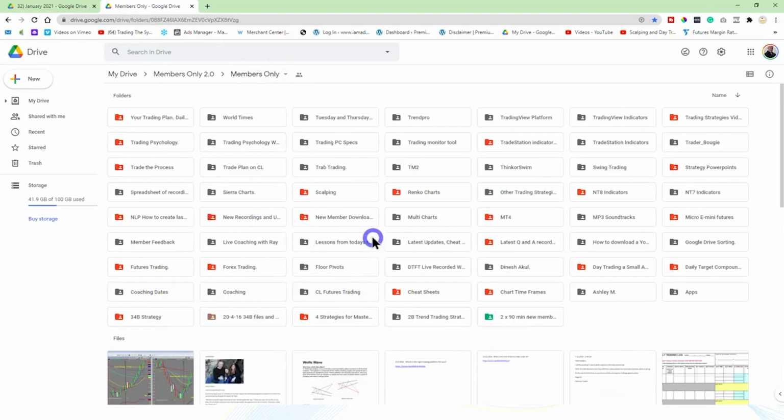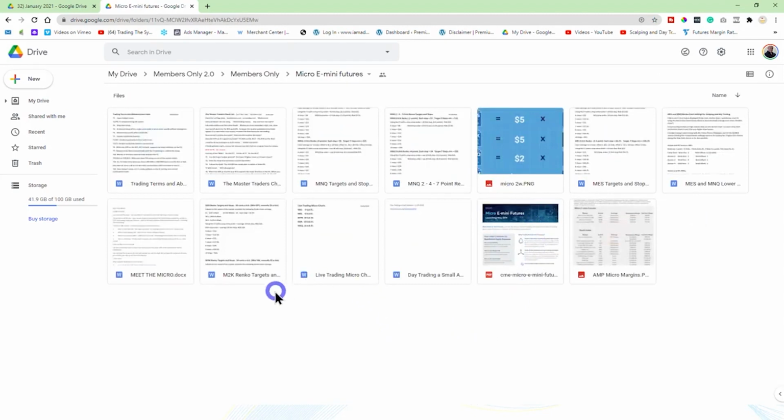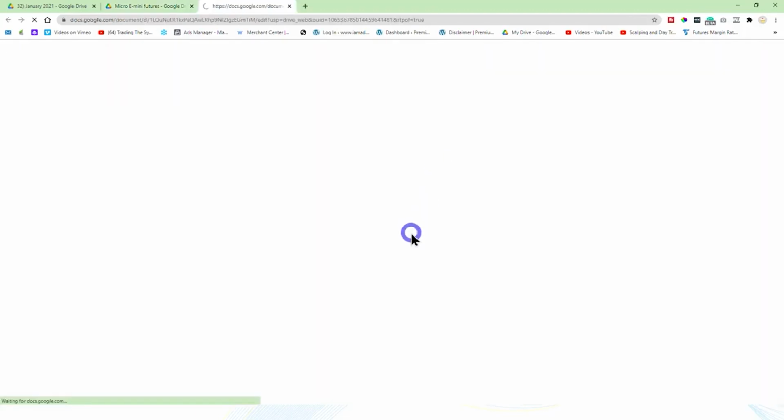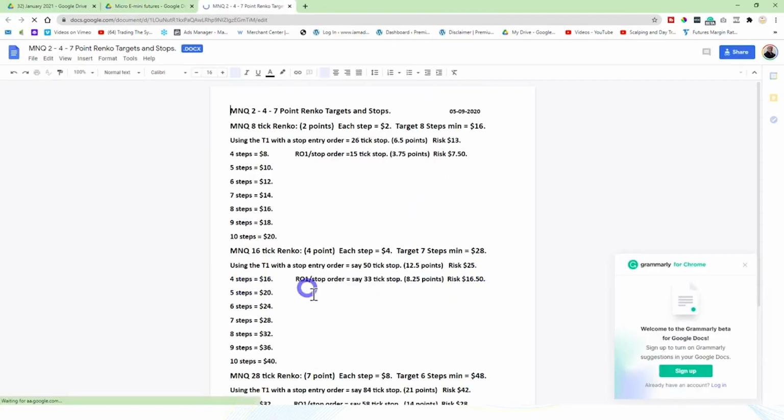On the micros, where's the micro? You will find those cheat sheets there. Here's the MES, we're after the MNQ, and here it is right here. Now, if you're trading the 4-point, each step is $4, that's how much the steps are, and your risk is $25.